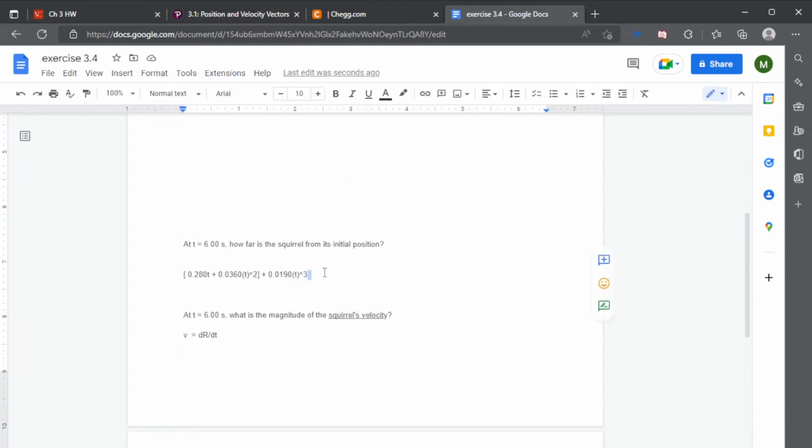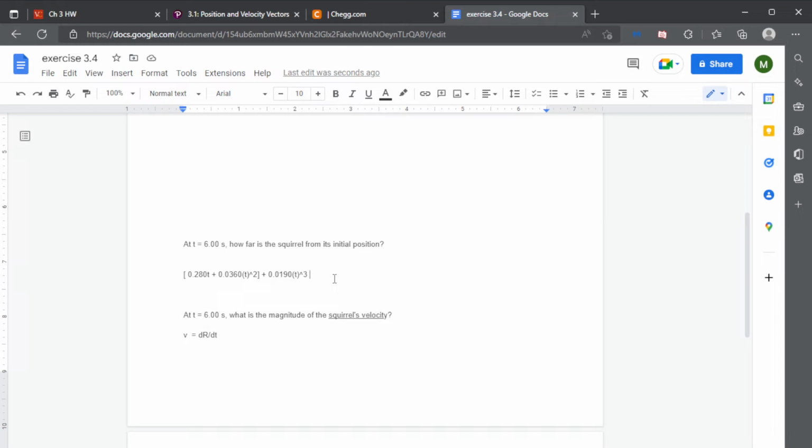This one asks, they give you t equals 6 seconds. How far is the swirl from the initial position? Since they give us t, and here's the equation I wrote down, we just need to plug the t into the equation.